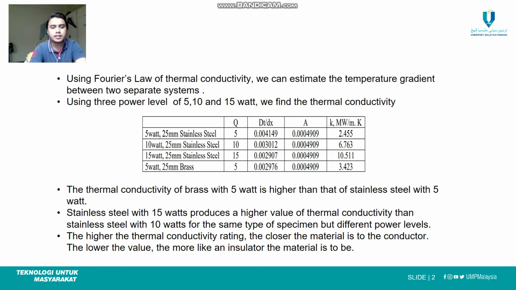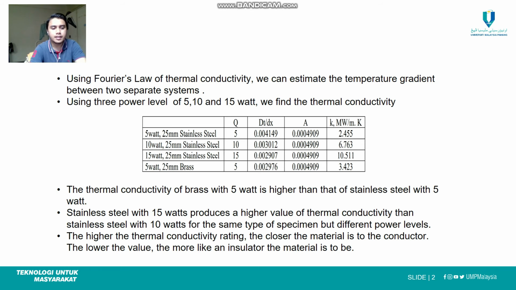Basically, we use two different materials, which are stainless steel and brass. From this table, we can see that the thermal conductivity of brass with 5 watt is higher than that of stainless steel with 5 watt, and stainless steel with 15 watts produces a higher value of thermal conductivity than stainless steel with 10 watts, for the same type of specimen but different power levels.